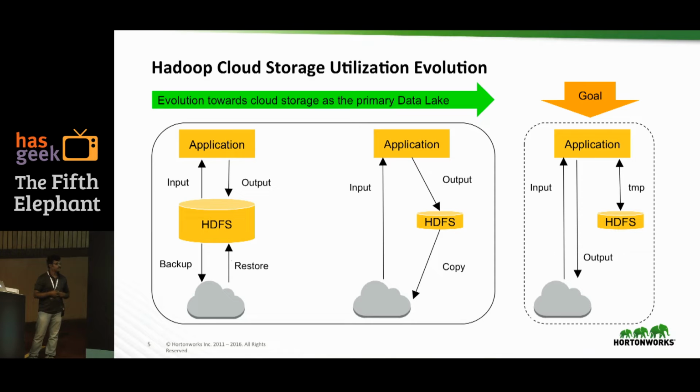Let's say you have a very large ETL pipeline which spans some 10 intermediate stages. You don't want to store the intermediate data again and again onto the cloud storage, because the performance characteristics in terms of transferring the data might be a little different. So in those situations, you might want to store the data onto HDFS itself and store the final data onto the cloud storage.